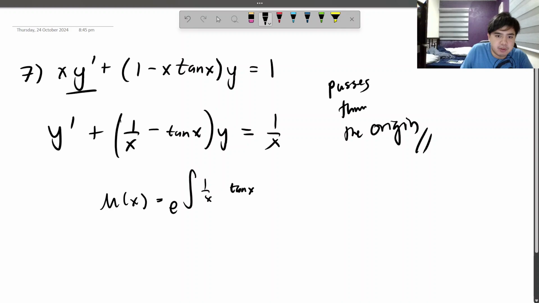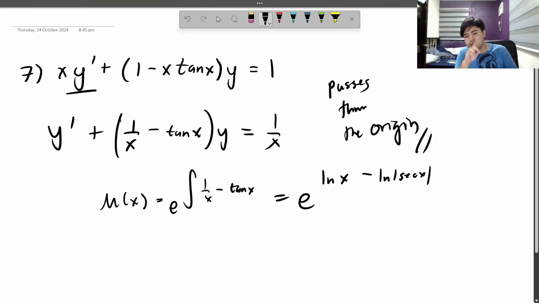It would have been impossible with plus. Minus tangent x. Sorry. And this is the ln x minus ln of secant x. But if it's negative on the outside, it means secant x to the negative 1, right? Or 1 over secant x.